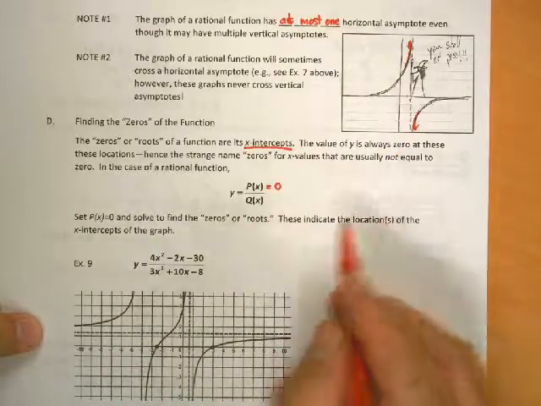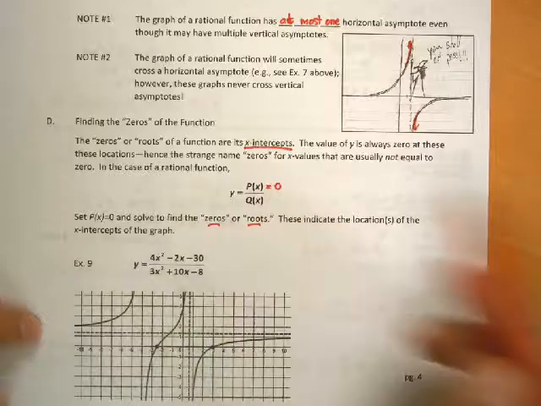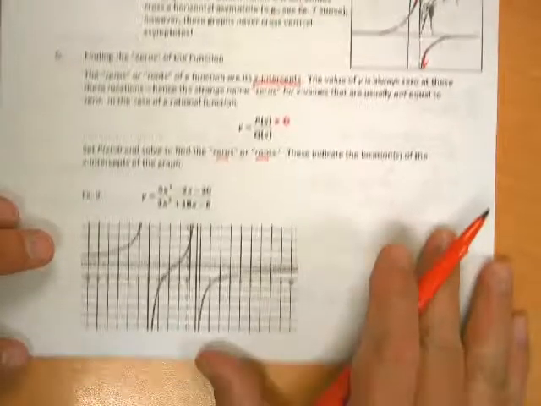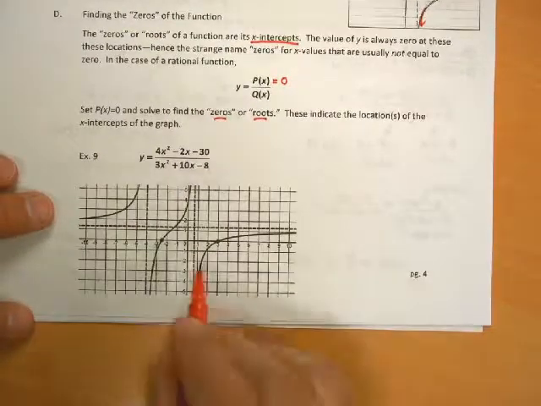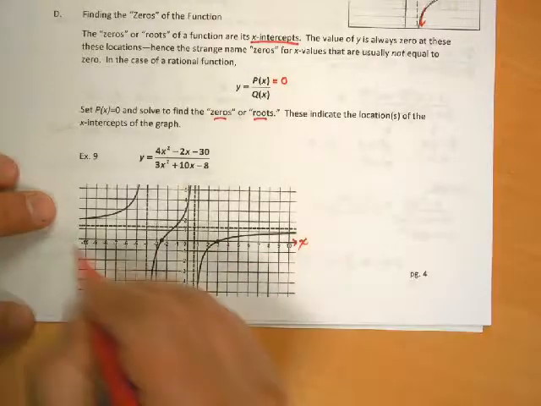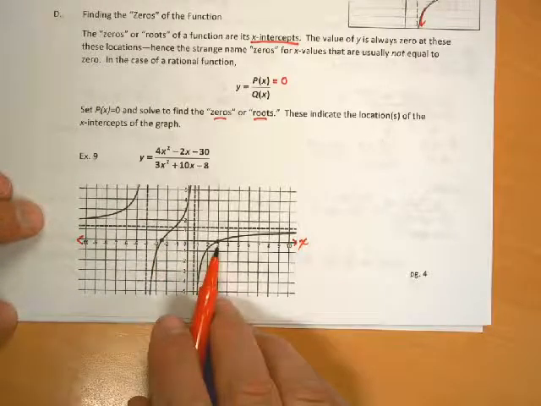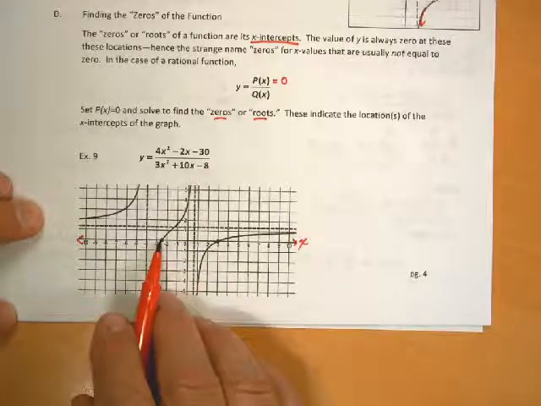So to find the locations of the zeros or the roots, you set the top equal to 0 and solve. Let me show you what we're looking for. We're trying to find the places where it crosses the x-axis. This one crosses twice, one time at 3 and another time at negative 2.5, or negative 5/2.